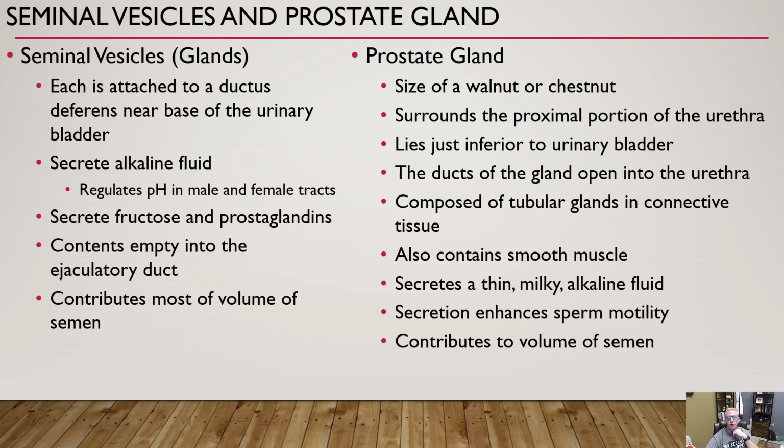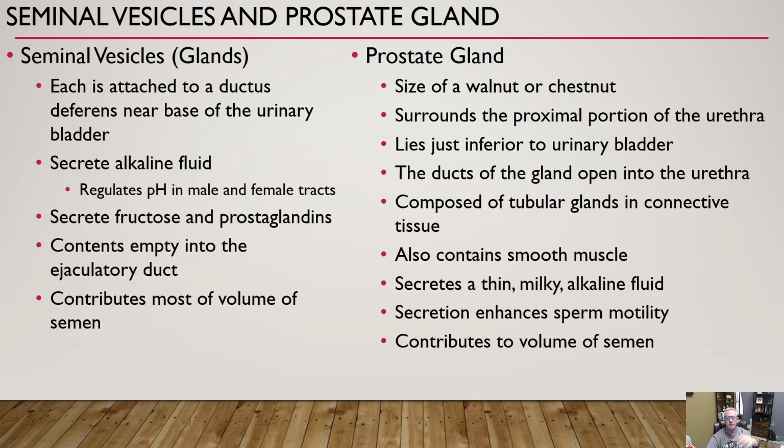It has a lot of sugar, fructose, and prostaglandins, and it contributes most of the volume of semen. The actual volume of sperm itself is relatively minor compared to the ejaculate that comes out.